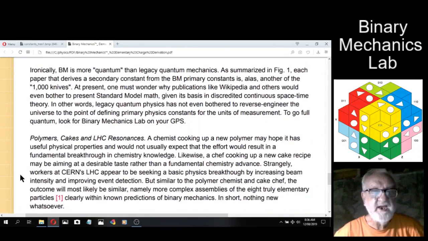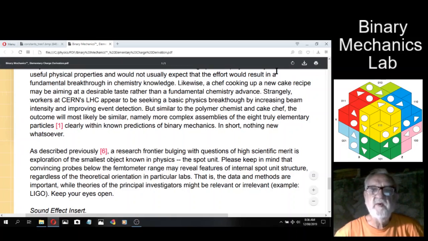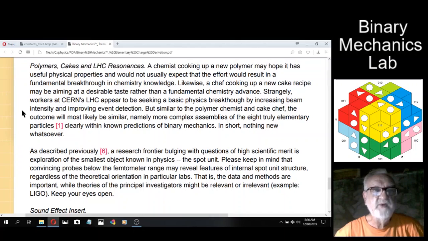Polymers, cakes, and LHC resonances. A chemist cooking up a new polymer may hope that he would find useful physical properties and would not usually expect that the effort would result in a fundamental breakthrough in chemistry knowledge. Likewise, a chef cooking up a new cake recipe may be aiming at a desirable taste rather than a fundamental chemistry advance.